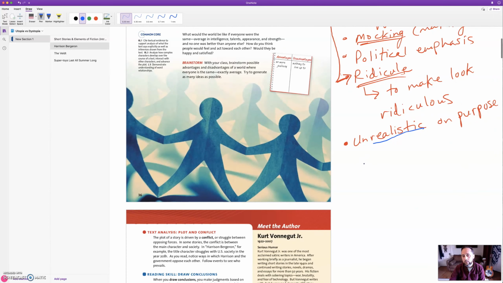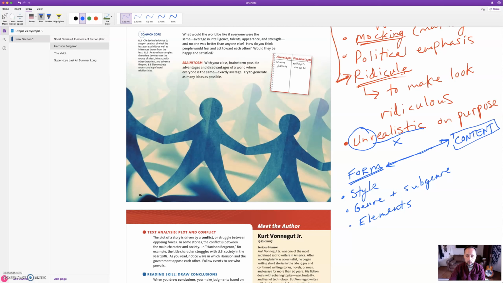And so what you're going to look at is the form of the text and its relationship to the content. The form in this case involves the style, the genre plus subgenres, and the elements of fiction that we mentioned before. These will all support and connect to the message.